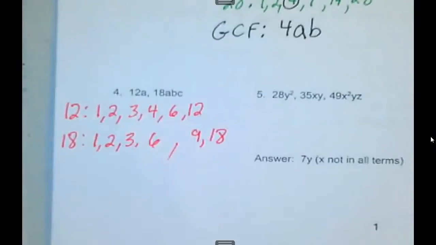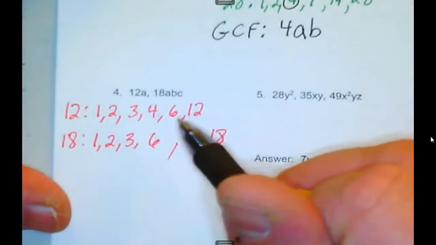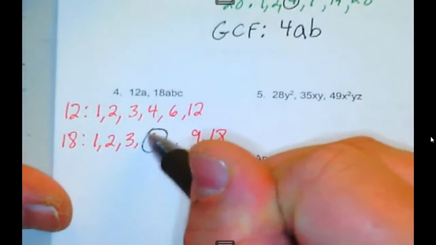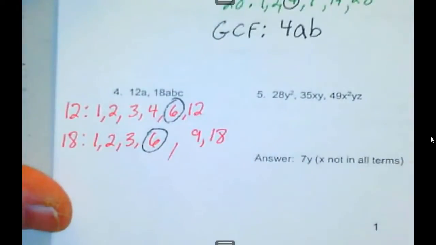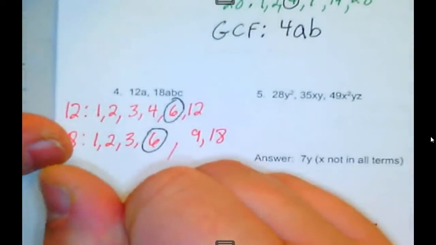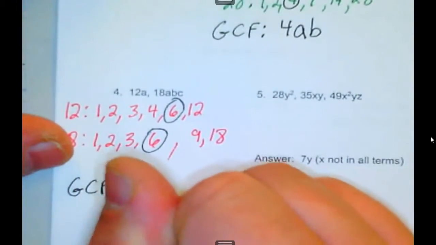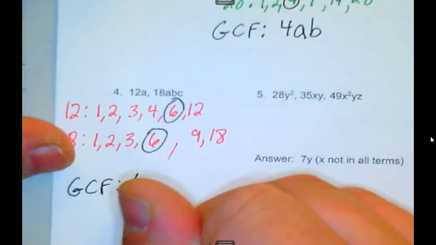That's it, right? Okay, what's the highest number that's in both? The highest factor that's in both? 6, right? So my greatest common factor is going to be 6.